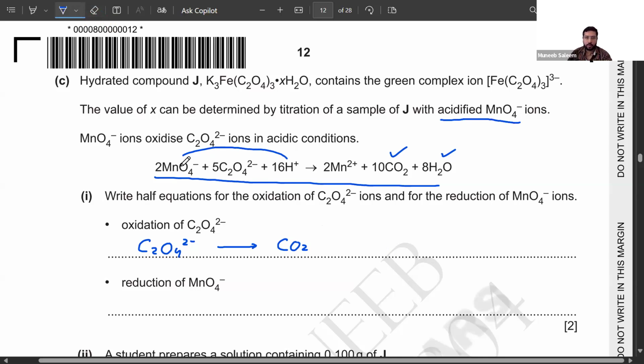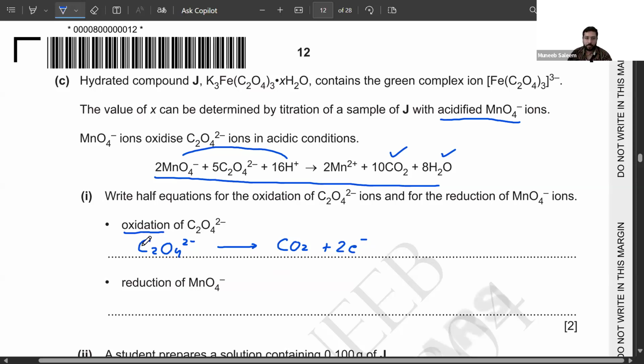So whenever we apply MnO4 minus in the next equation, we have to add hydrogen ions, but not in the case of oxalate ions. Since it is the oxidation reaction, we have to include electrons on the product side. But since the charge is not balanced, with 2 minus on the reactant side, we write 2 electrons on the product side.